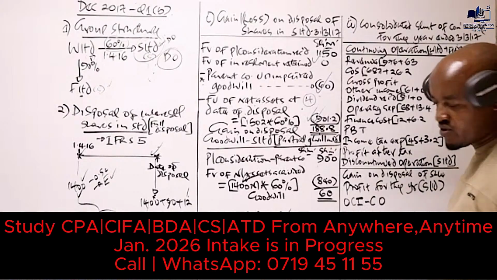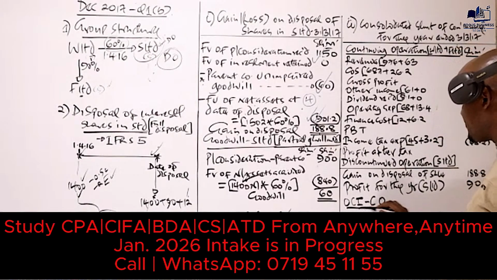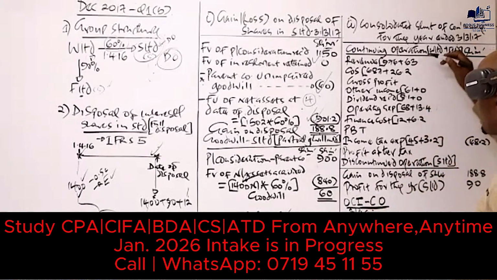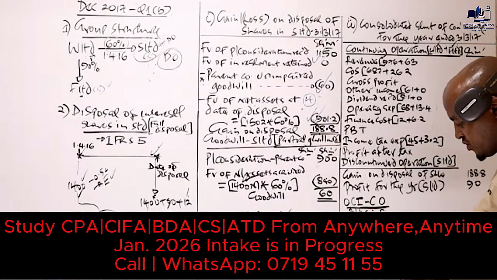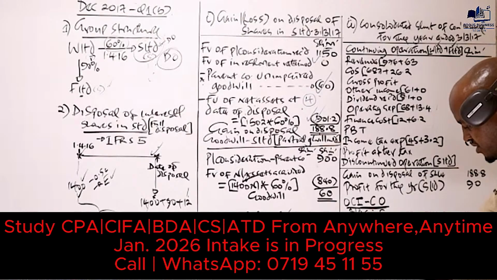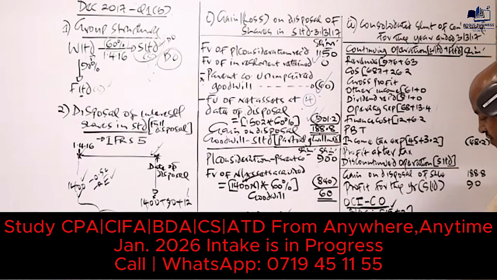Remember, we will consider the revaluation gain for the two continuing companies, W and F. That is 15 plus 2, that of W plus that of F, which is 17.